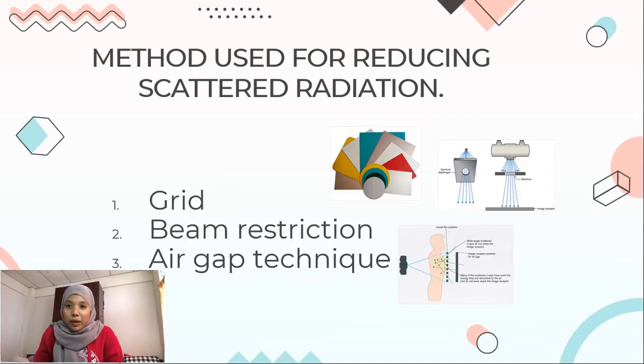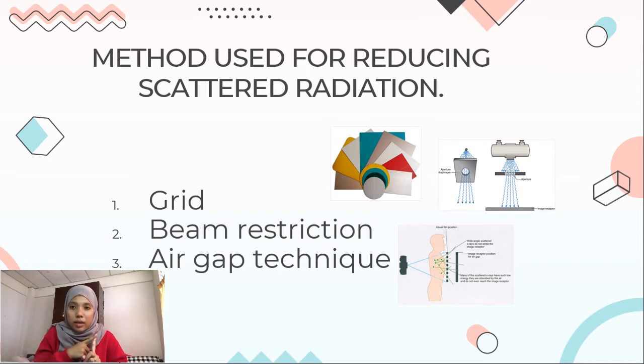Then I will continue with our next slide. In this slide we will talk about methods used for reducing scattered radiation. As you can see in this slide, we use three methods, which are always used by our radiographers.